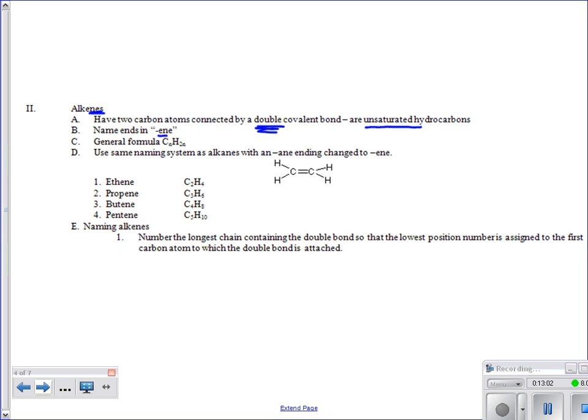Our alkenes end in the ene ending, and notice now that our formula has changed. It's CnH2n. So we didn't add that +2 anymore, because those two electrons from our hydrogens are tied up in a double bond now. So that's our new formula. And we're going to have the same exact system for naming these, so same prefixes.